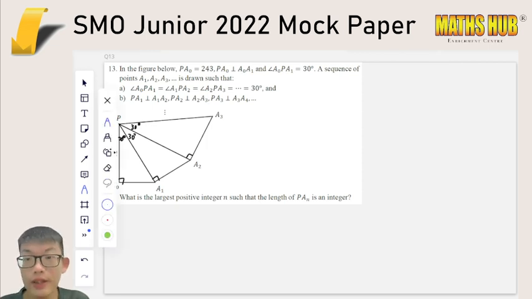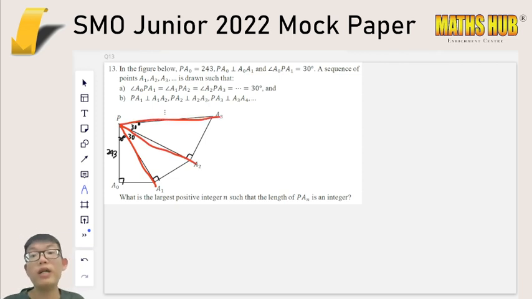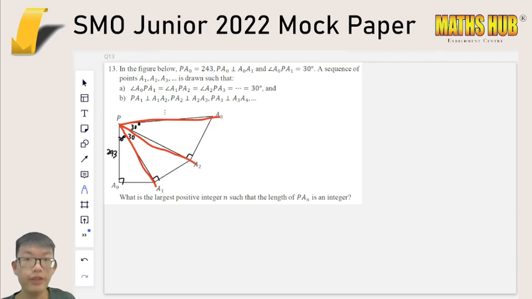So the lengths that we care about are all of these here. Right? PA1, PA2, PA3, and so on. We want to know how do these lengths look like. Well, that would normally be a difficult task, but we have this 30 degrees down here, which is really useful.